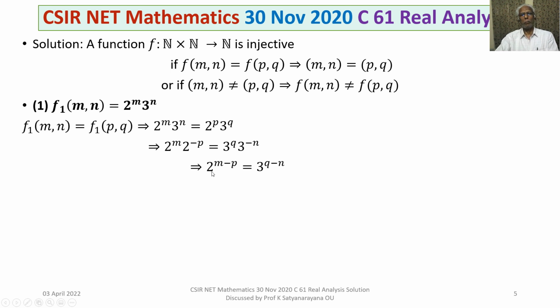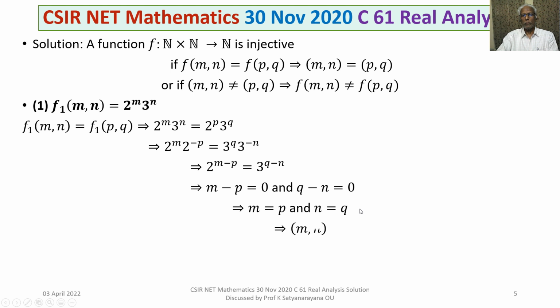This is a power of 2 and this is a power of 3. They are equal if and only if 2 power 0 is equal to 3 power 0. That is, m minus p is equal to 0 and q minus n is equal to 0. That implies m is equal to p and n is equal to q, so the ordered pair m comma n is equal to p comma q.